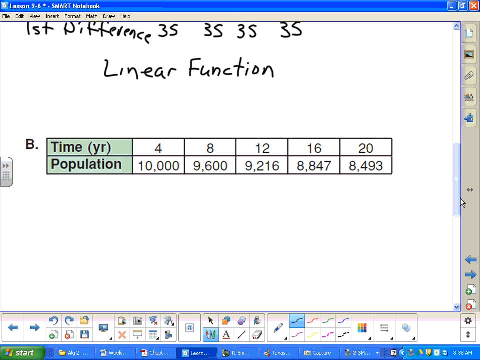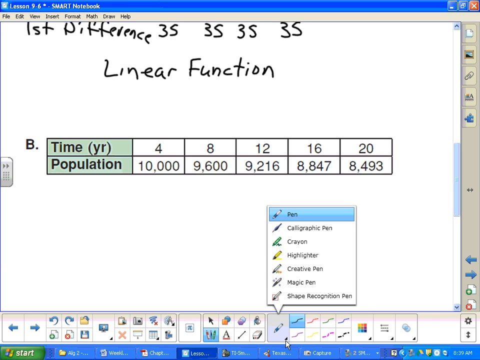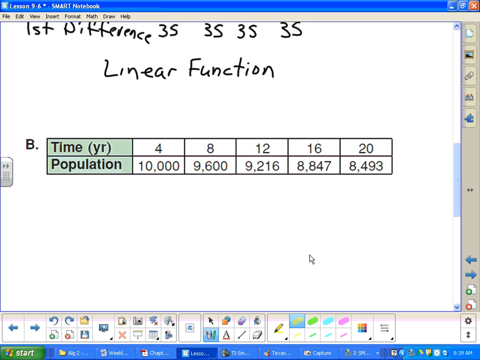All right? So if we look at these values here, we have the time of year, 4, 8, 12, 16, and 20. I'll give you a second to write these down, and these population values. Lots of times there should be keywords that give things away. To me, this word right here, population, is a keyword.